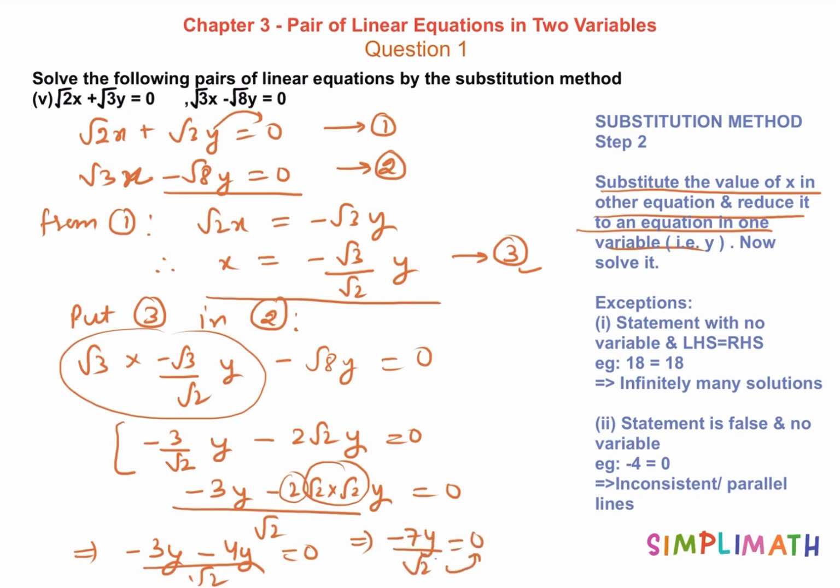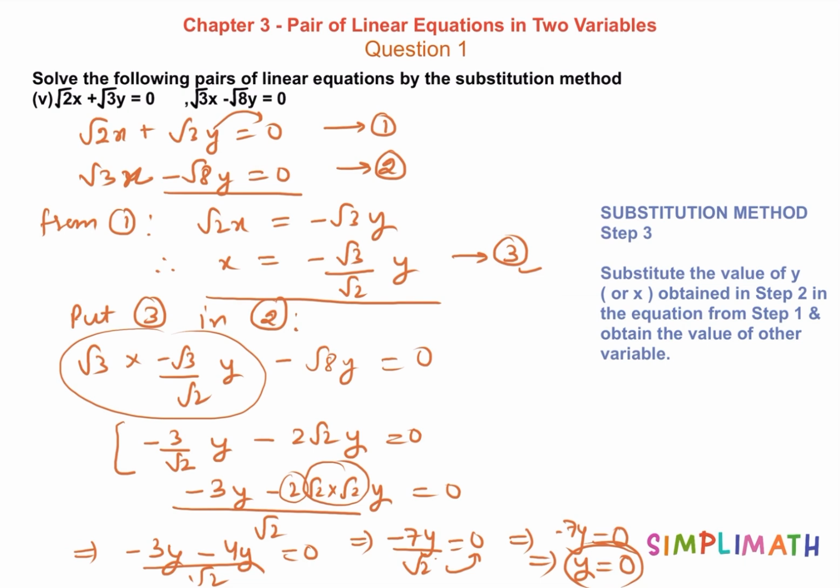So this can be written as minus 7y upon root 2 equal to 0. So root 2 goes to the RHS. Root 2 into 0 is 0, equals minus 7y. So minus 7y equal to 0 implies y equal to 0. Now step 3 of the substitution method says to substitute the value of y obtained in step 2 in the equation from step 1.